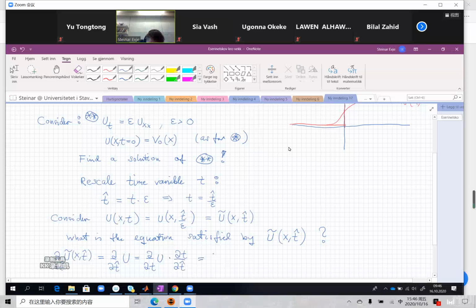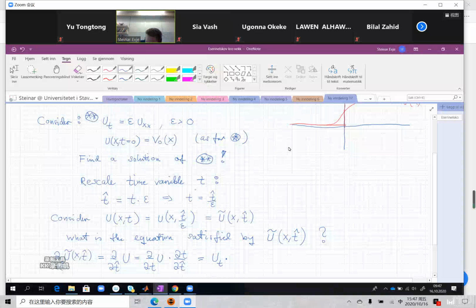That will give us u t multiplied by, and then we take the expression for t, and take the derivative with respect to t hat.